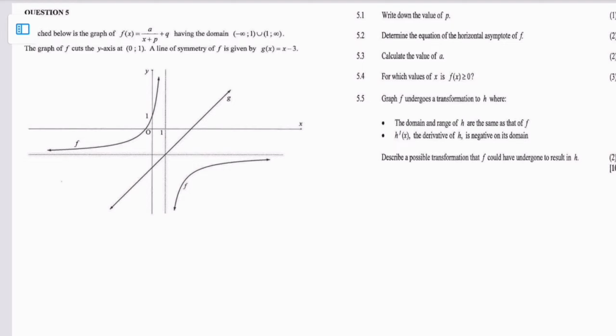Well, when you have something like this, a over x plus p, the reason the equation works the way it does is because you cannot divide by 0. So if you want to find the value of p, you can just say for which values of p is x plus p equal to 0.